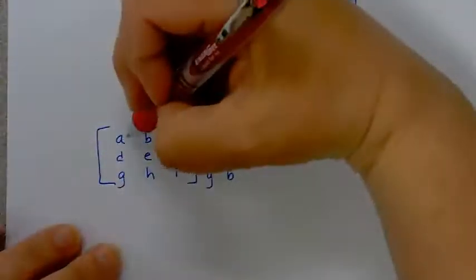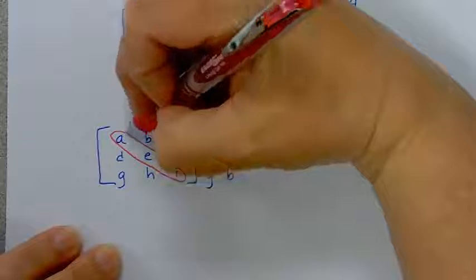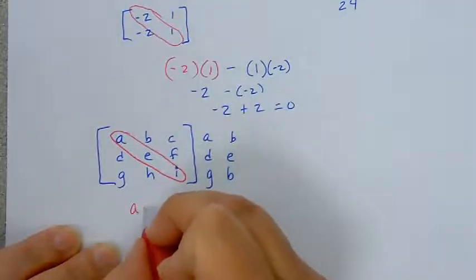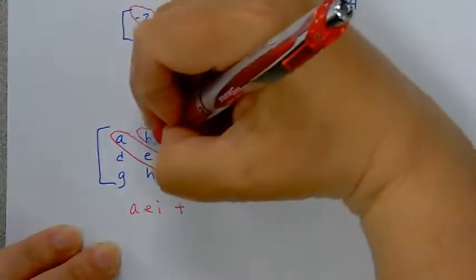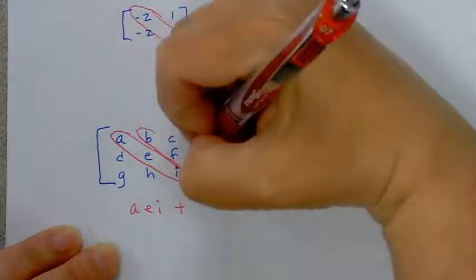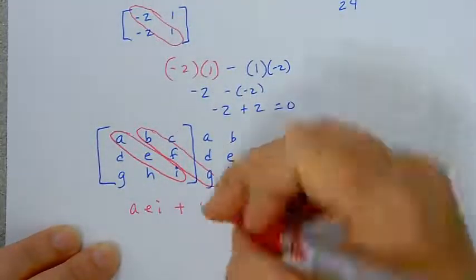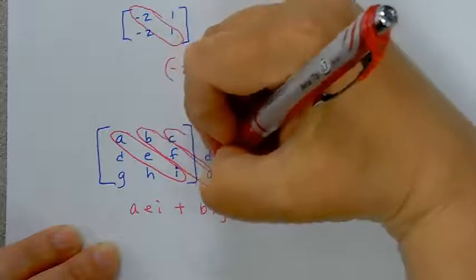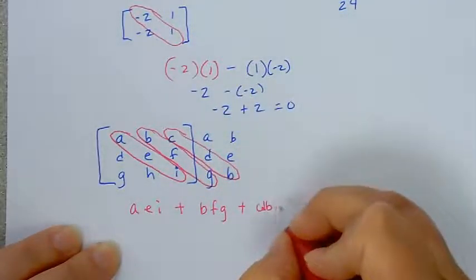I'm going to start with the diagonal, A times E times I, and then I'm going to add the next diagonal, BFG, and add the next diagonal, CDH.